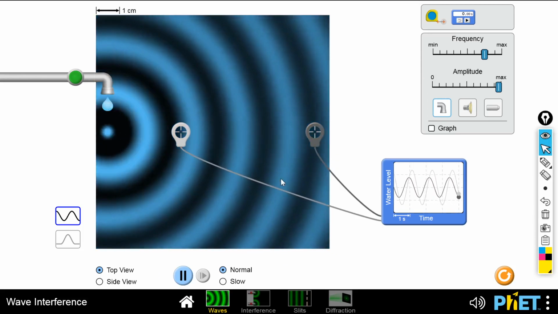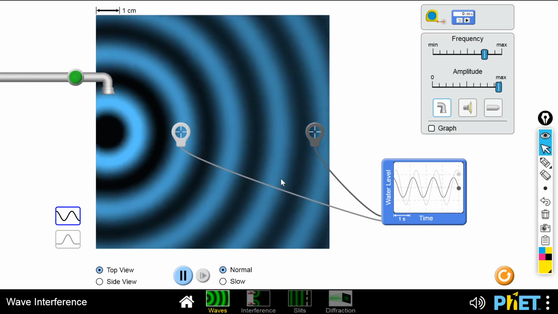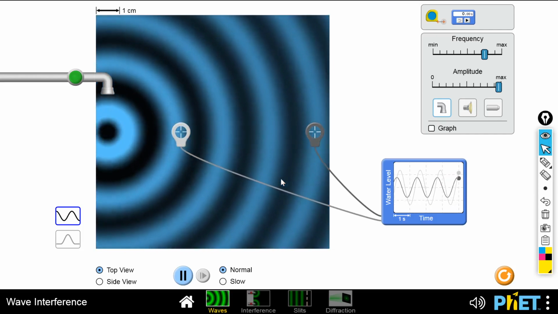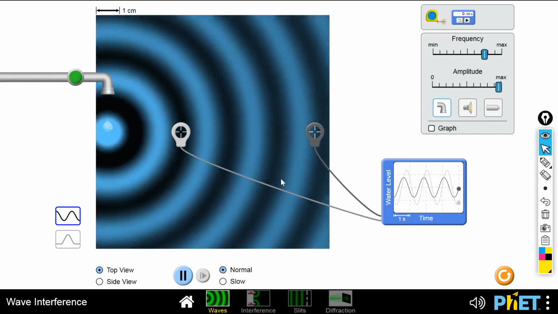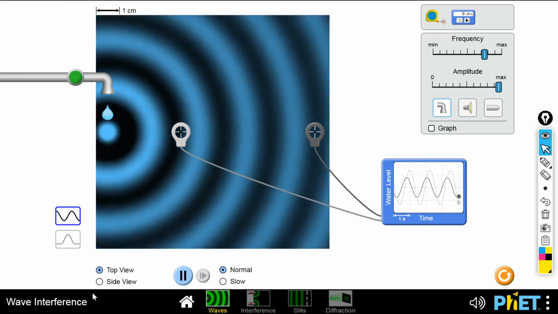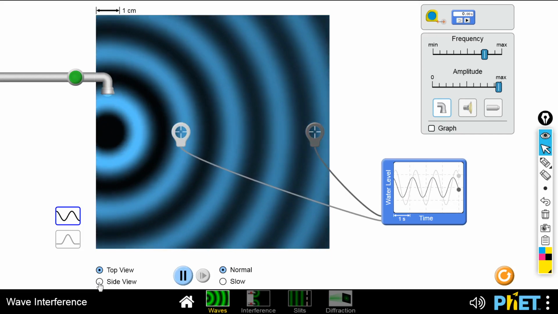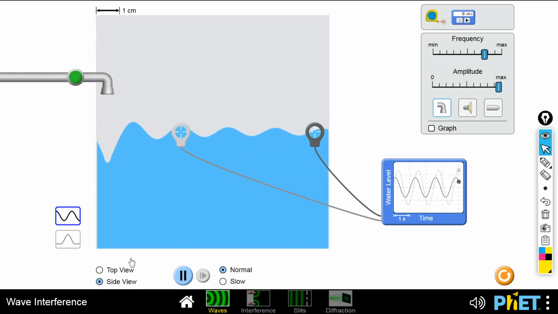Now that's an idealistic model, and nothing is truly ever ideal. And in fact, as we saw earlier from the side view, while it may propagate out in all directions, it certainly isn't the same at every point, the amplitude that is. And that's going to become a real interesting concern later on as we get into multiple sources.